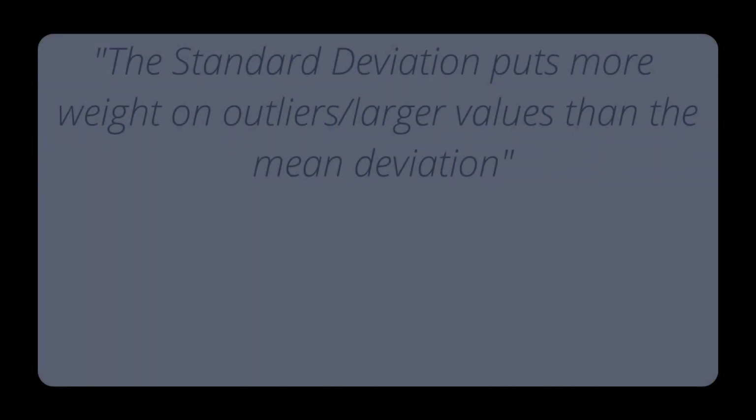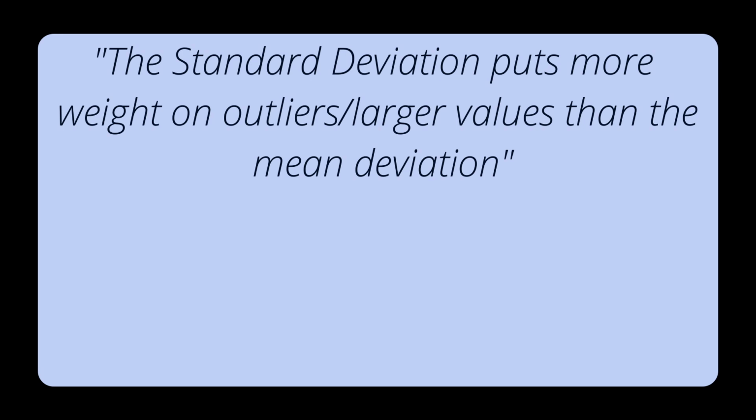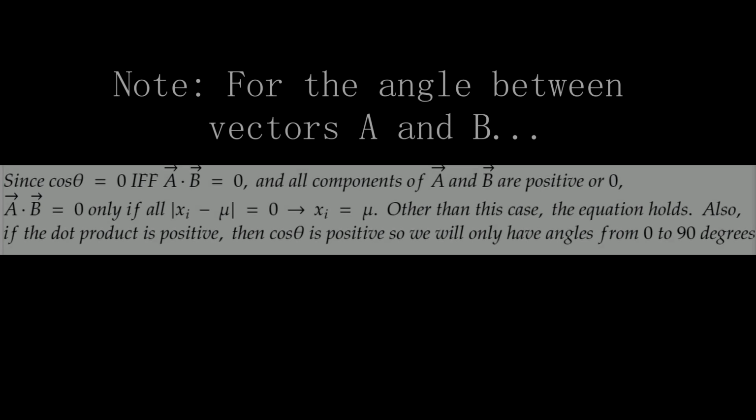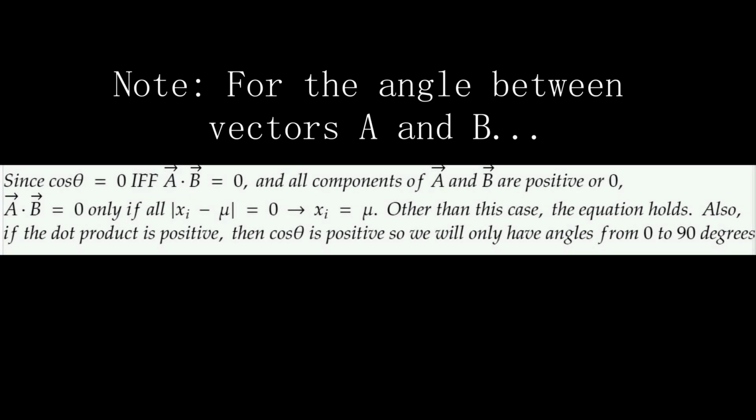And this matches with the original difference of the standard deviation from the mean deviation, because the more outliers there are, the less clustered the data points will be. It's important to note that cosine of theta will equal 0 only if the dot product of A and B equals 0, and since all components of A and B are either positive or 0, the dot product will equal 0 only if all the deviations are equal to 0.